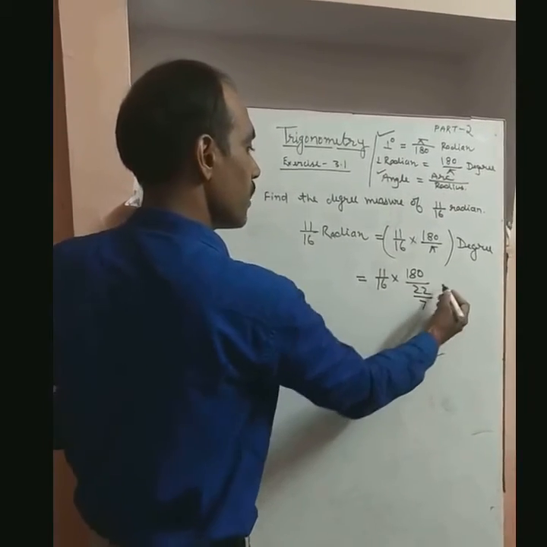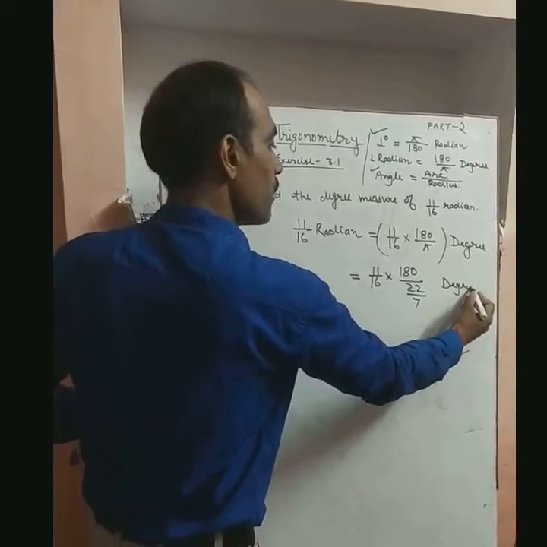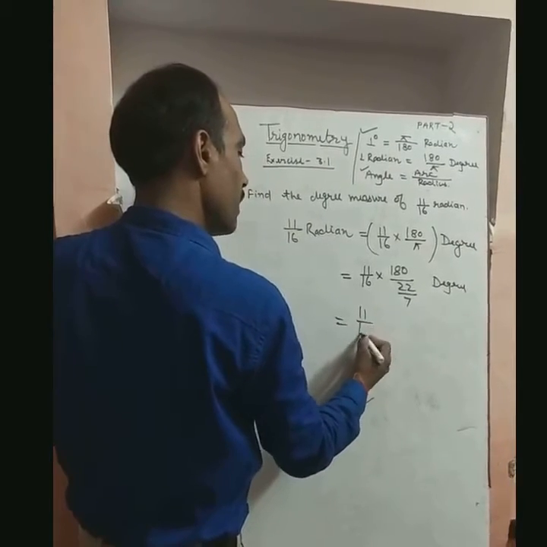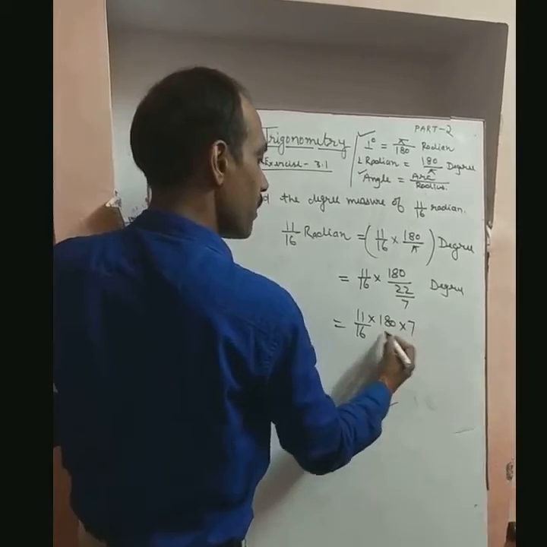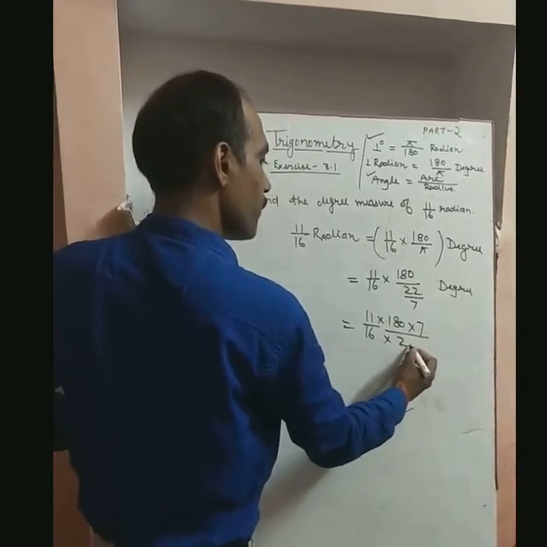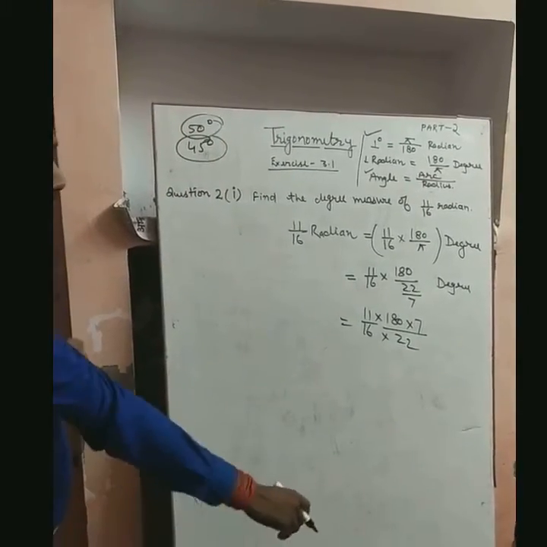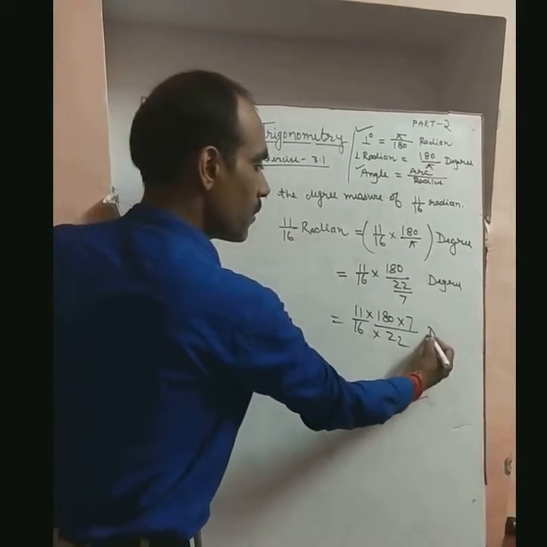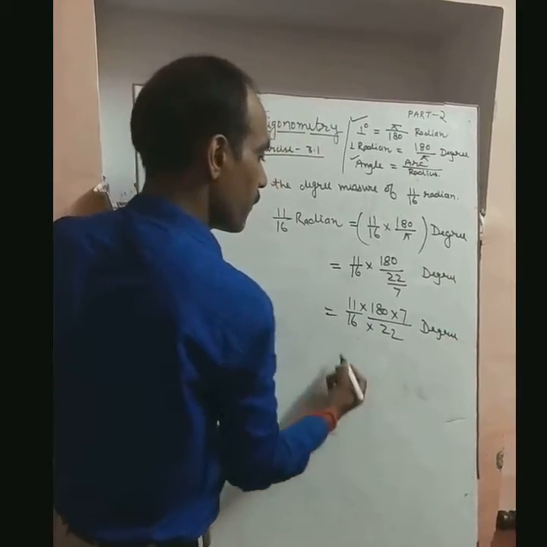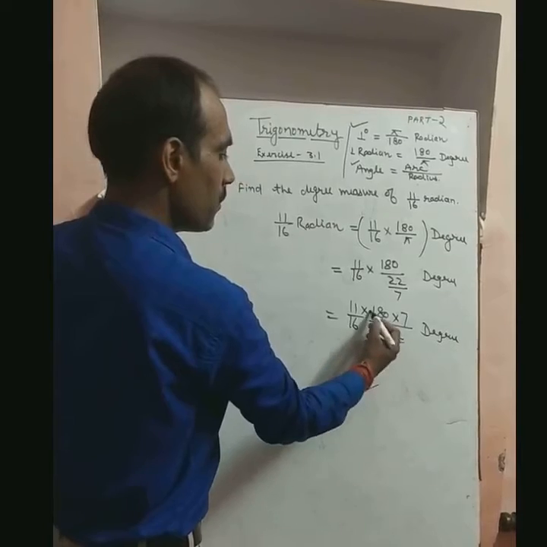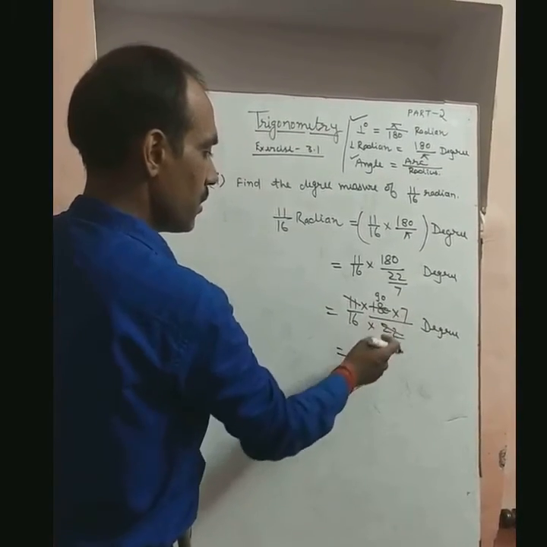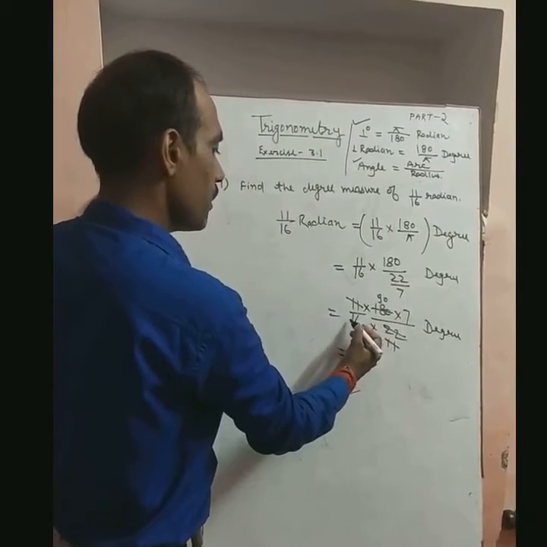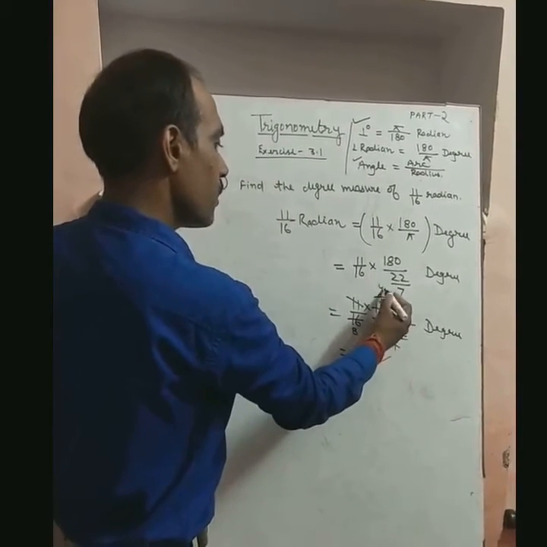Then 11 upon 16 multiplied by 180, and 7 comes up over 22. Now solve it. Divide by 2. 11 cancels out. Then by 2 we get 45.